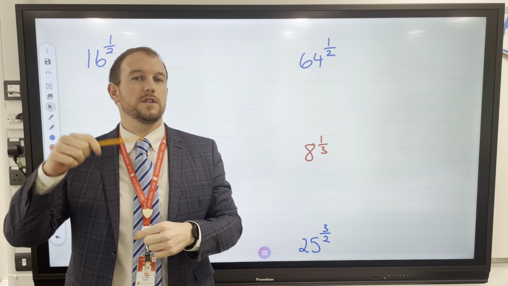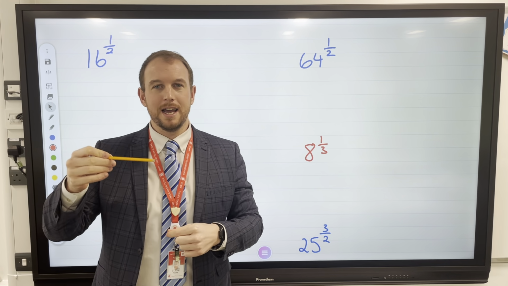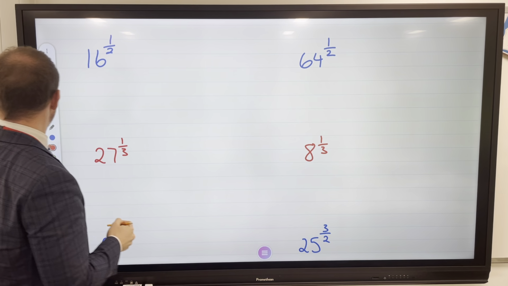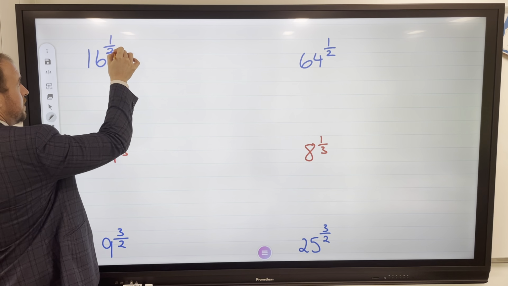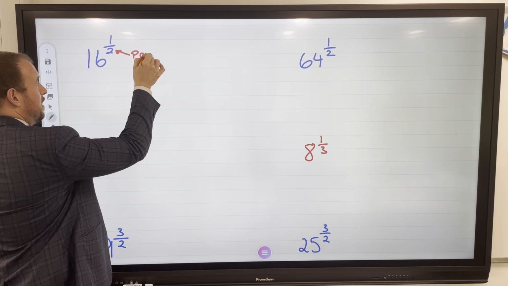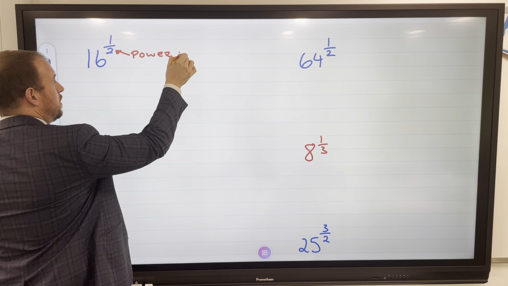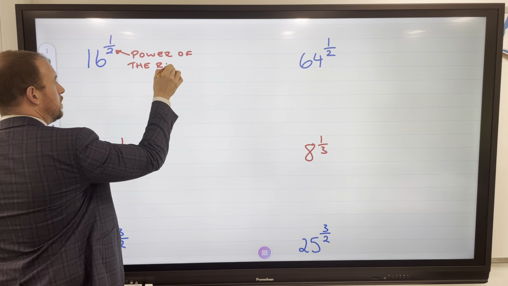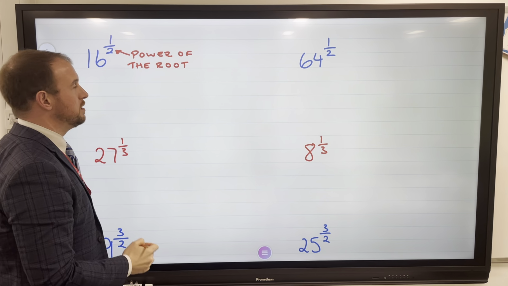Now each part of this fraction, the numerator and the denominator, have different rules. They have different jobs. So this bottom number, the denominator, is the power of the root. Make a note of it.